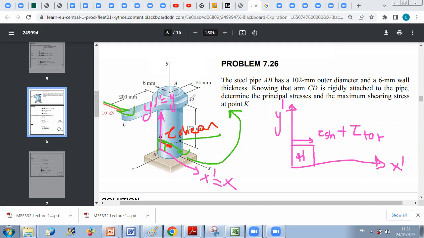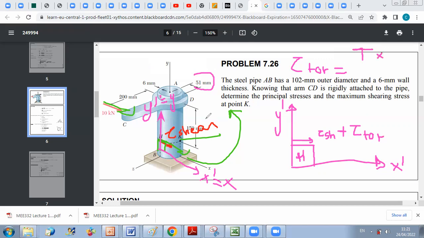Here's the distance from the center, so it's 51 millimeter. And J is the polar moment about the center of the section. So for an annulus, it's pi r outer squared over 2 minus pi r inner squared over 2.